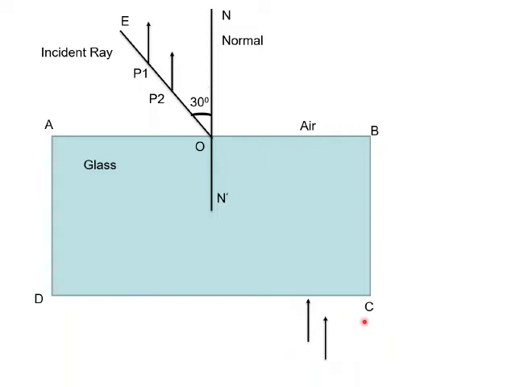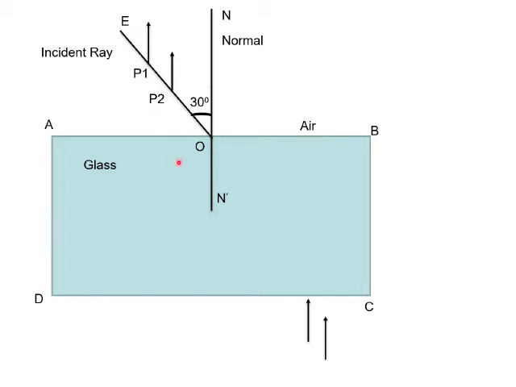So after seeing the images of pins P1 and P2, you will fix two more pins, one after the other, such that pins P1, P2, and let these be P3 and P4, lie in one straight line. I will repeat. On the ray EO, two pins are to be placed, P1 and P2, at an appropriate distance.